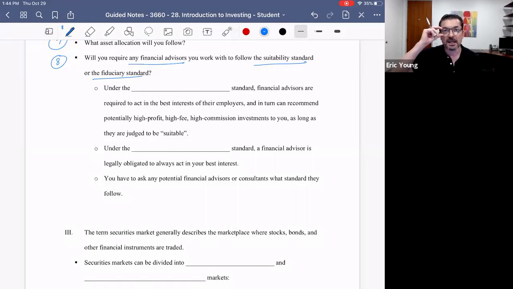But the reality is financial professionals, including those who work for you, have different classifications of the standard of behavior by which they can operate. One standard is called the suitability standard, and the other is called the fiduciary standard.